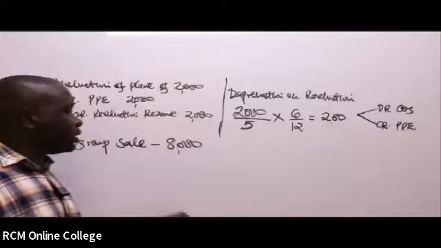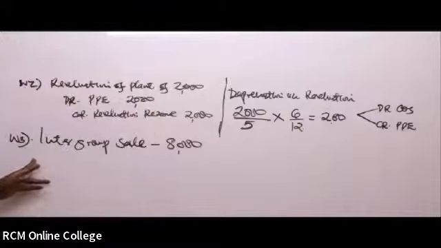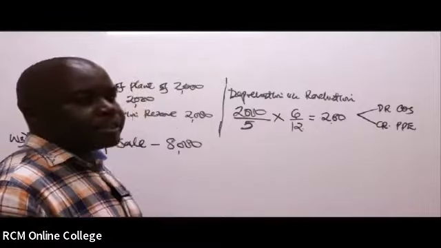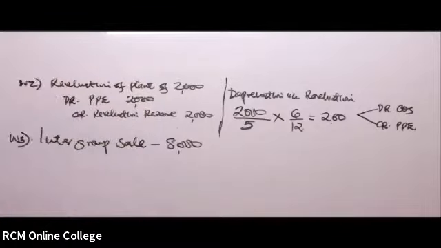What will we do with this one? You need to think about what we learned. You'll debit sales, then you credit cost of sales.